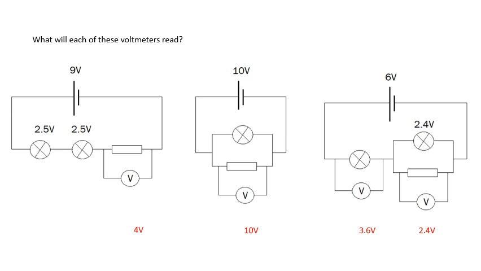So 10 volts, 10 volts, 10 volts, everything's in parallel. And this is the tricky one, similar to one I did a minute ago. So now if that's 2.4, that must be 2.4 because they're in parallel. And then if we look at a loop, going round a loop there, that must be 6 minus 2.4, which is 3.6.